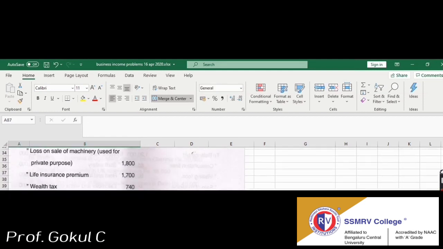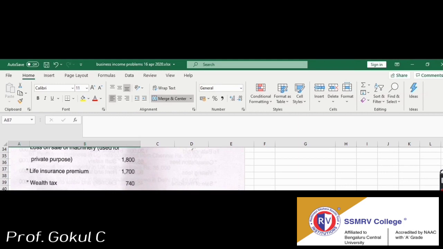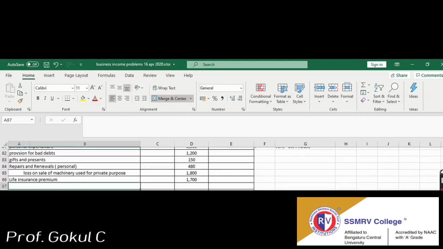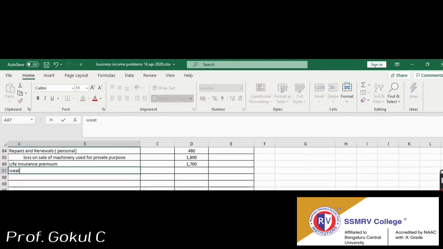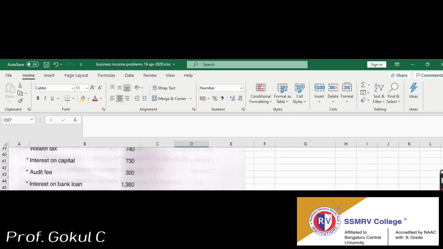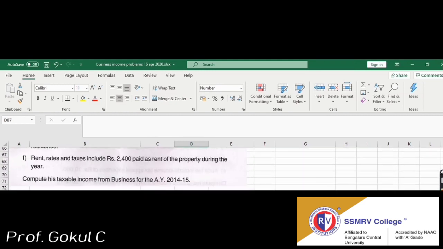Then wealth tax, not part of this, so it's again not admissible. Wealth tax, how much is the amount? Wealth tax, the amount is 740 rupees.